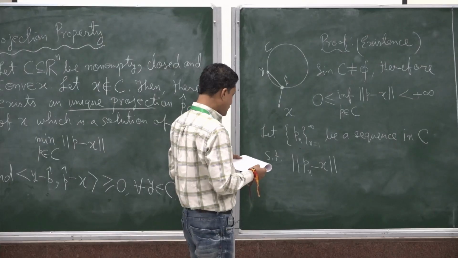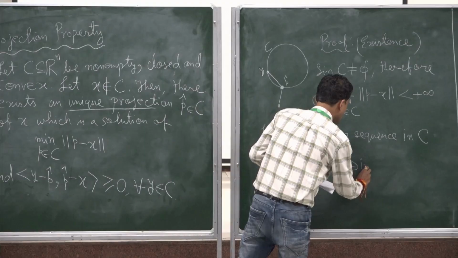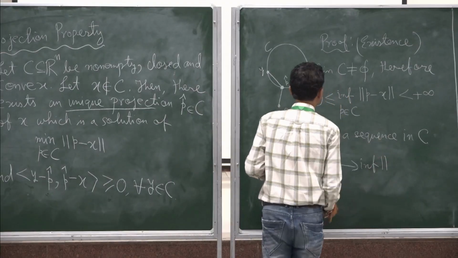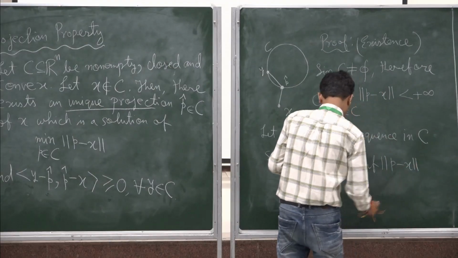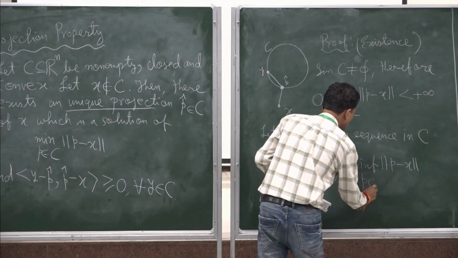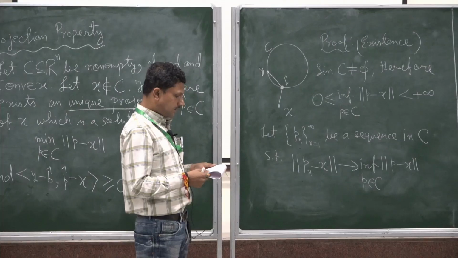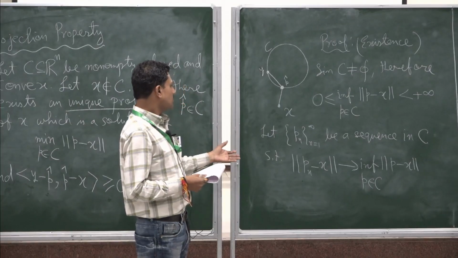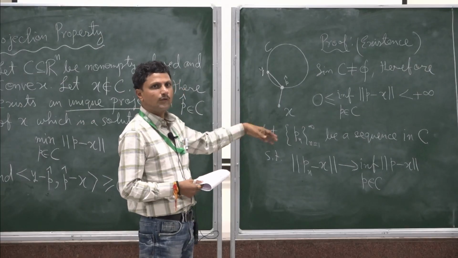So this sequence converges to the infimum of the norm of P minus x, where P belongs to C. This is the usual limit of a sequence.